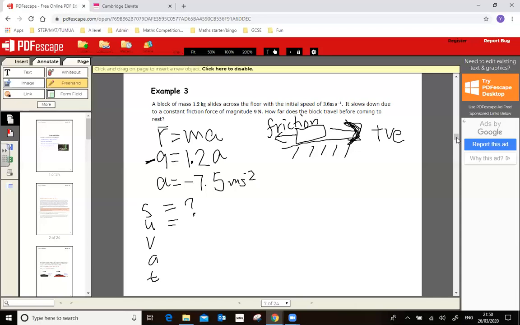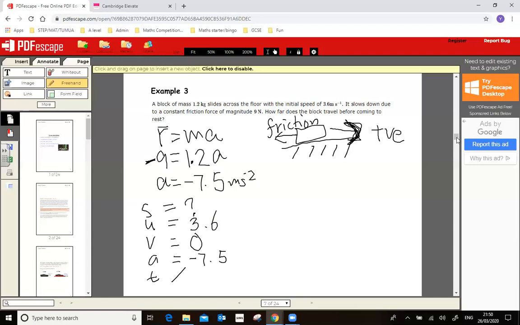Yes, it starts with an initial speed of 3.6 meters per second. Do we know its final velocity? Yes, the question says it's coming to rest, so the final velocity V is 0. And we have just worked out our acceleration is minus 7.5. And we don't know the time, and we don't need to use it. Let's cross it out.